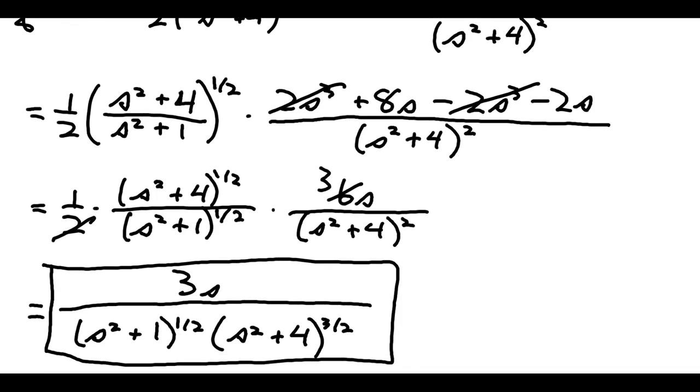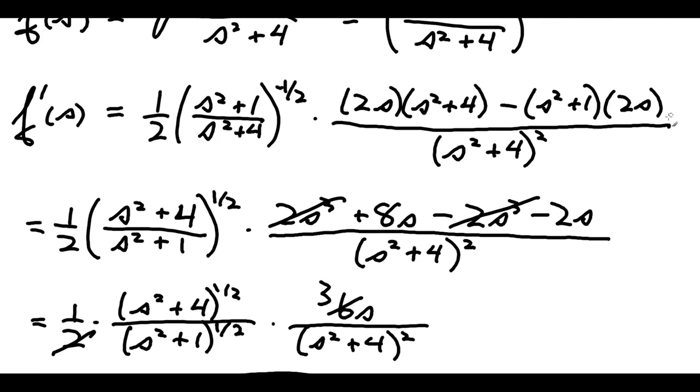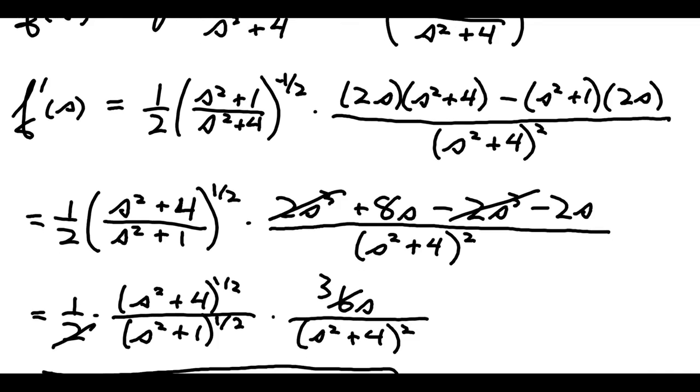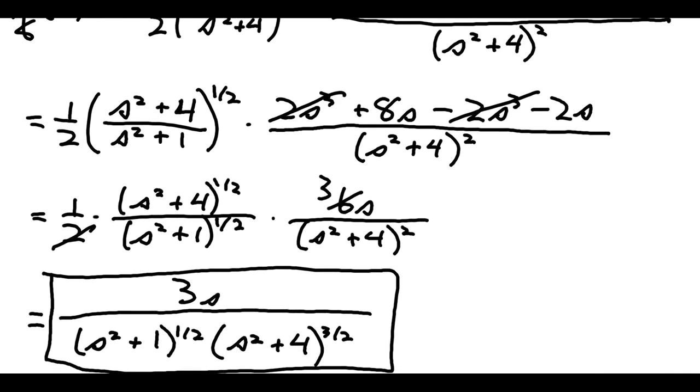There's a little bit of work involved, but this final expression I've boxed is a whole lot easier to work with than this first thing we got, right? Technically, where I have f prime of s equals this line right here, this is the derivative. That's the end of the calculus, quote unquote. That's the full derivative there, but this is very unwieldy and would be terrible to work with in most applications. So we want to simplify that down as much as we can.